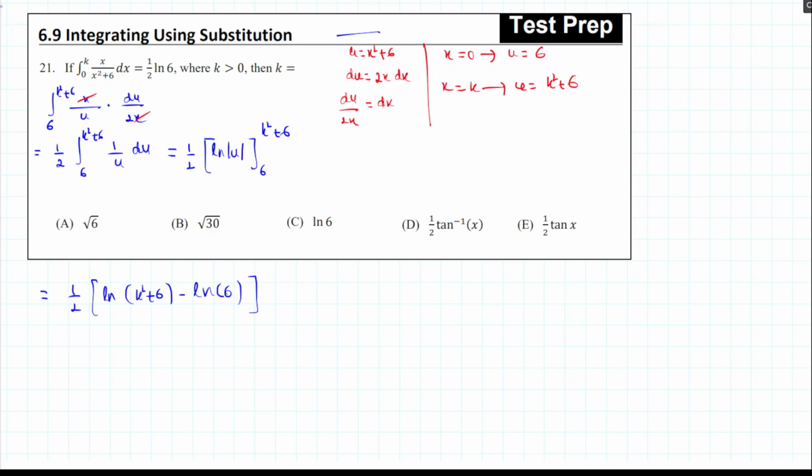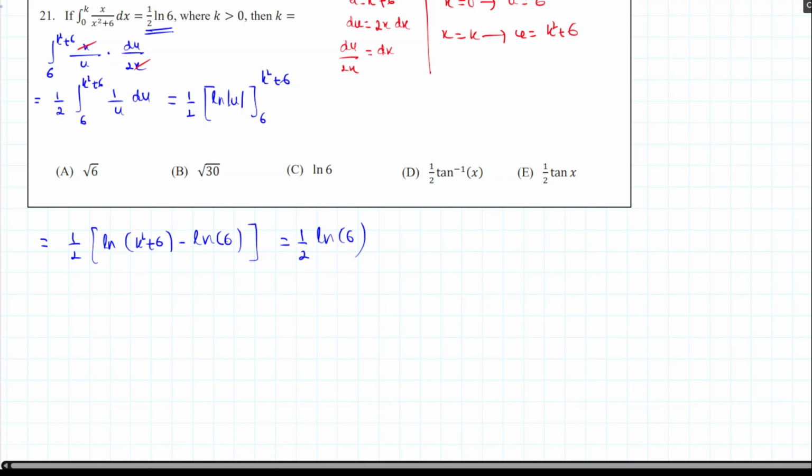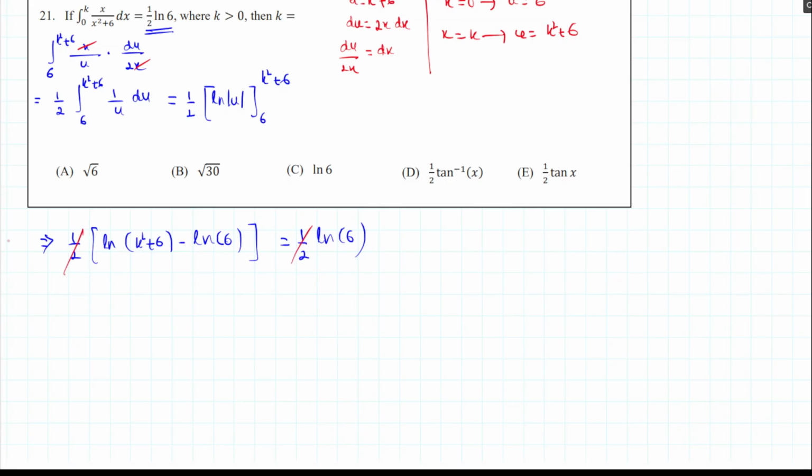So this is the integral, but this integral is equal to 1 half of ln 6. Okay, so let's solve this problem. Multiplying both sides by 2, the 1 half gets cancelled.